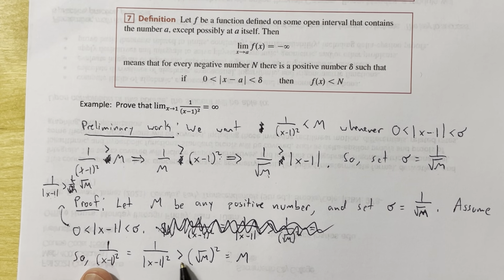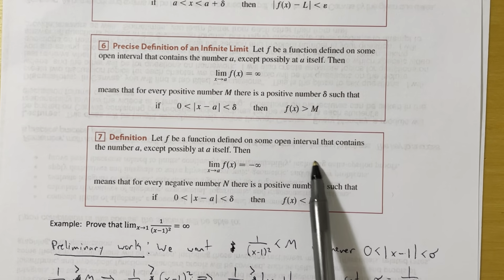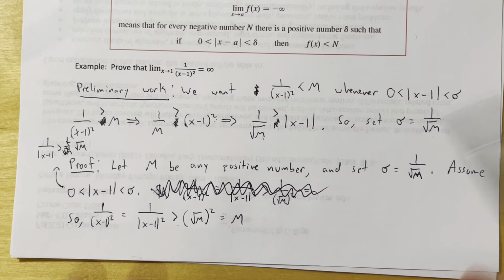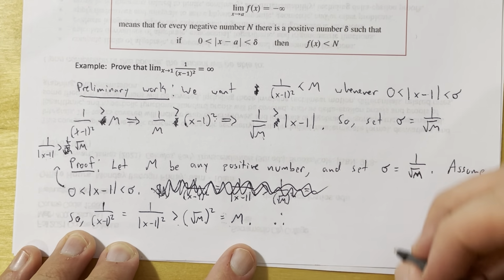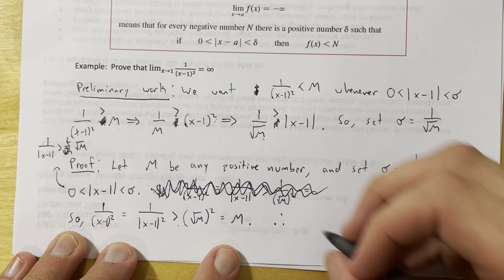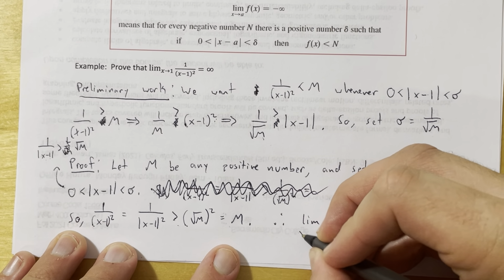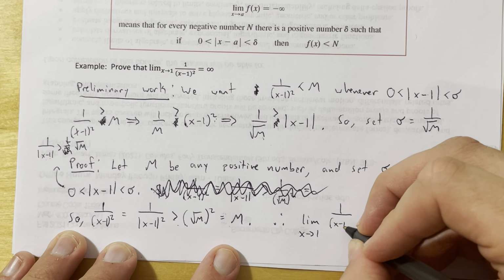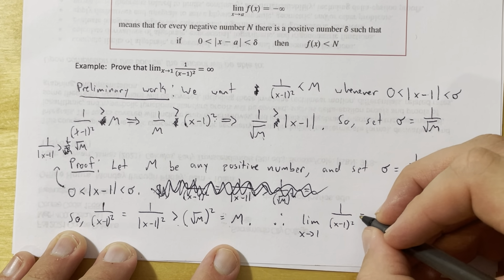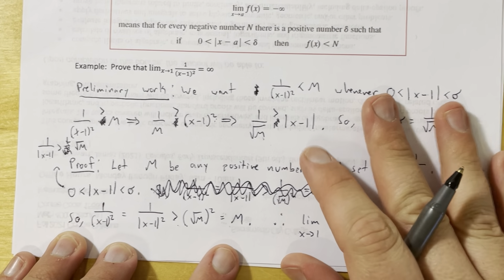So f of x is greater than m, and that's what this is saying right here. Sorry, I sort of botched that one up at first. Therefore, we can state our conclusion, which was that the limit as x approaches 1 of 1 over (x minus 1) squared equals infinity. Okay.